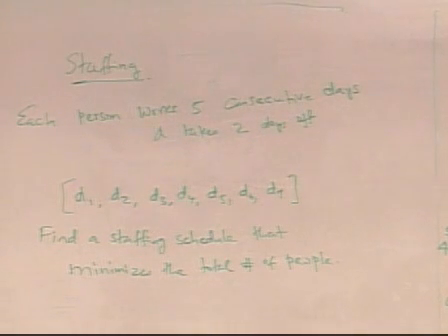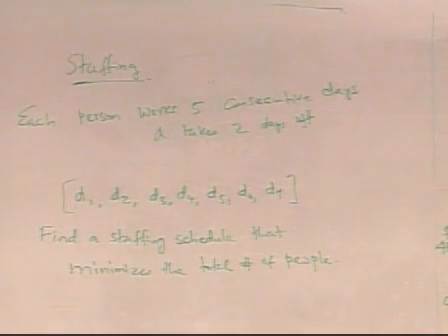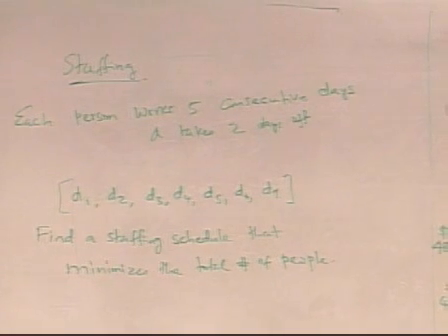So once again, when you're asked to formulate a problem as a math program, you want to identify decision variables, you want to identify the objective function and the constraints in terms of the decision variables. So what's a natural choice for a decision variable?